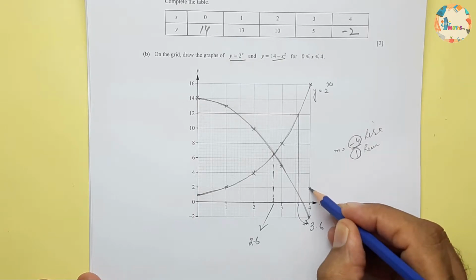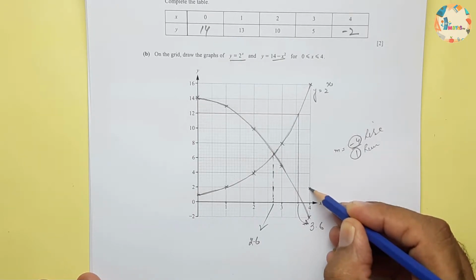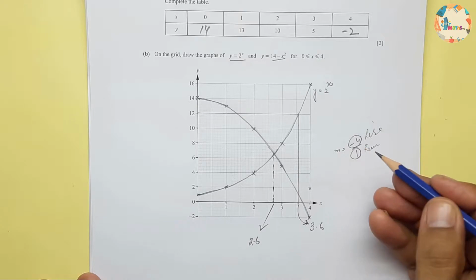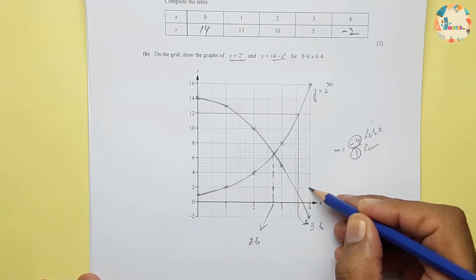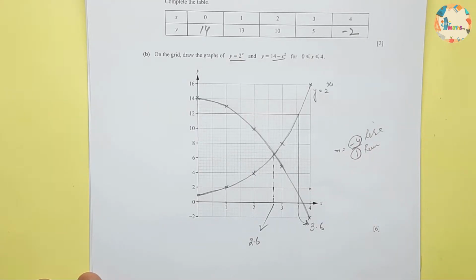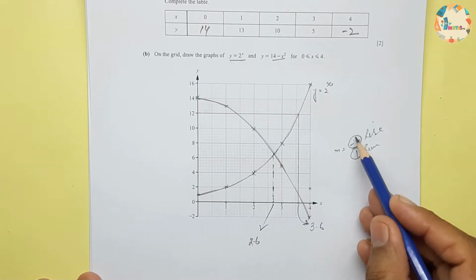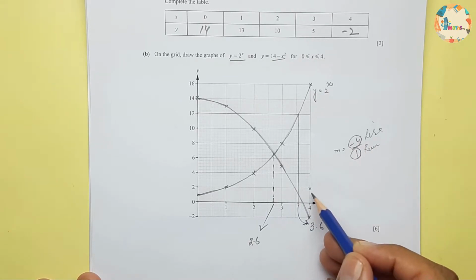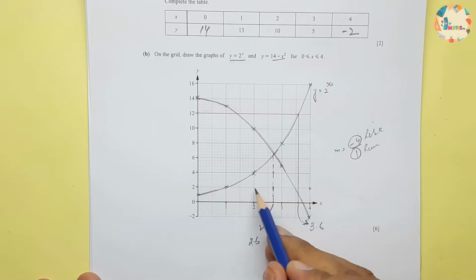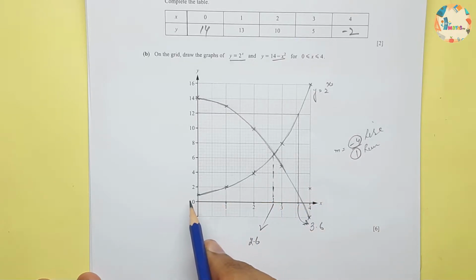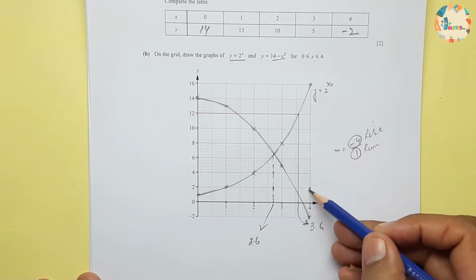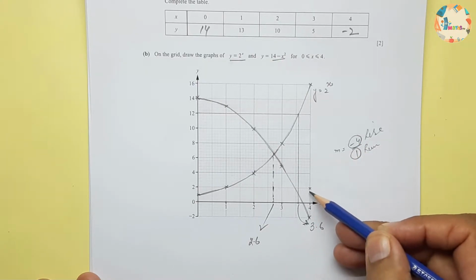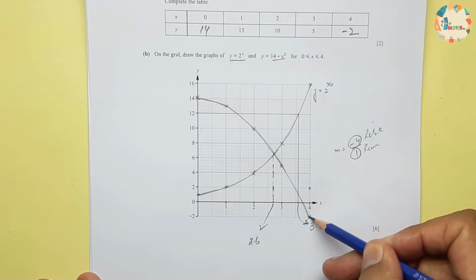So from here, -4 units. If we take -4 from here, this -4 will be down, so the y value will be down, but we will reach over here for -4.